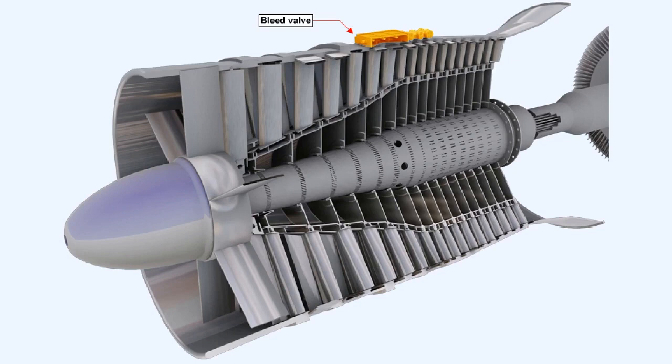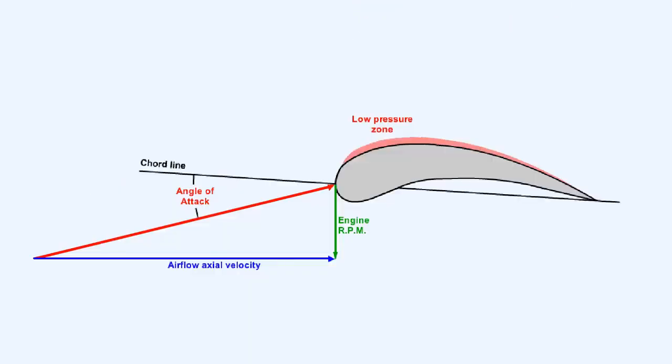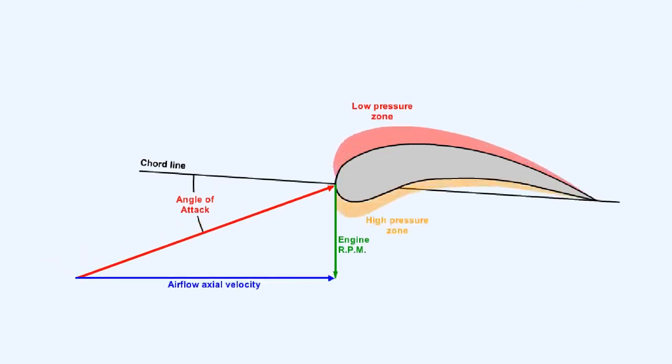If a compressor bleed valve, like the one shown here, is fitted to the compressor casing adjacent to the intermediate stages, it can be opened at low RPM and during engine acceleration to allow some of the excess volume of air to escape. This will have the effect of bringing the axial velocity of the air in the earlier stages of the compressor closer to the optimum value, and also of reducing the choking effect in the rear of the compressor.